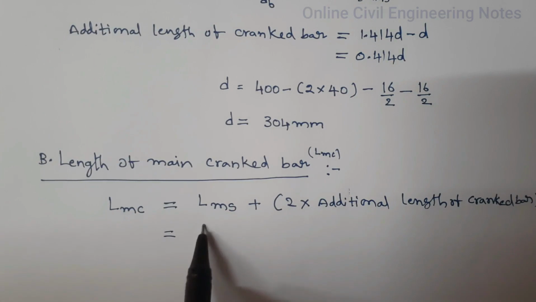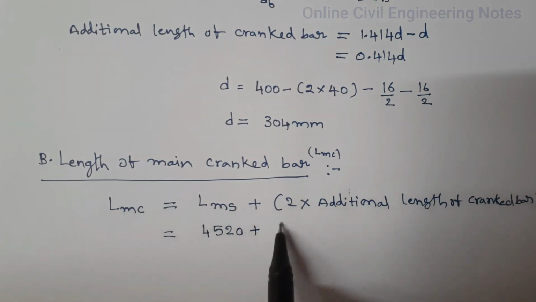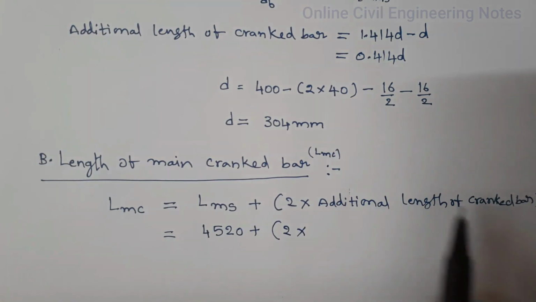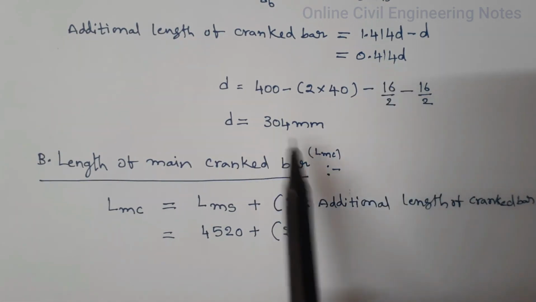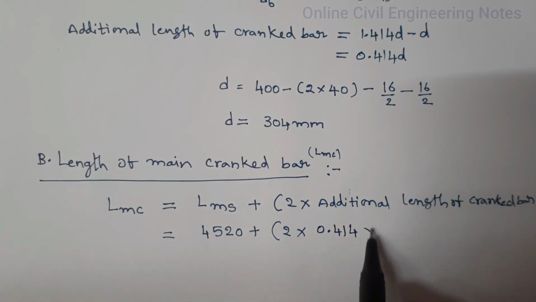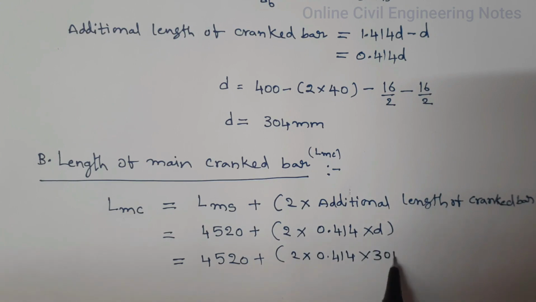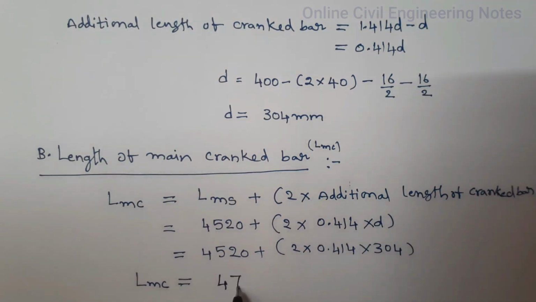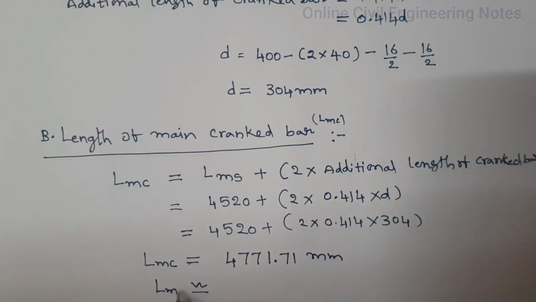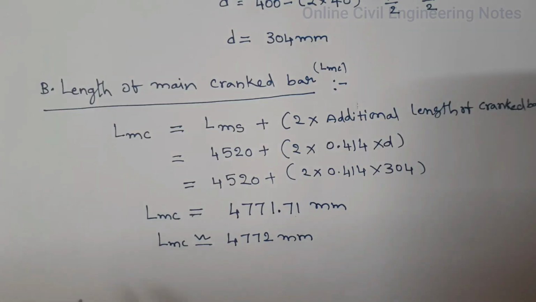Length of main straight bar is equal to 4520 mm plus 2 into additional length of crank bar, 0.414 times D. Therefore, length of main crank bar is equal to 4771.71 mm, say 4772 mm.